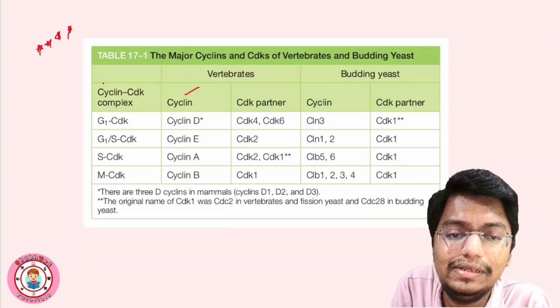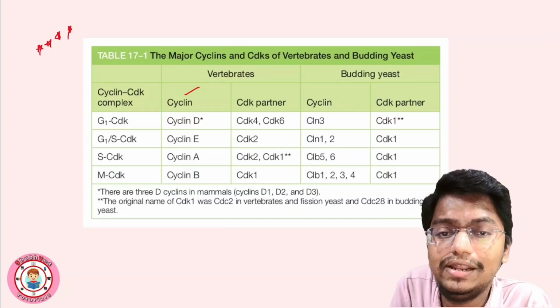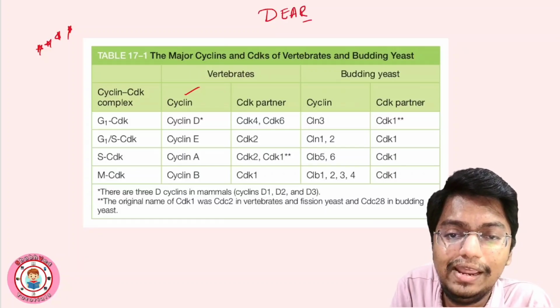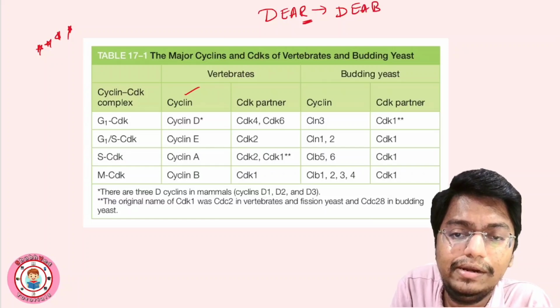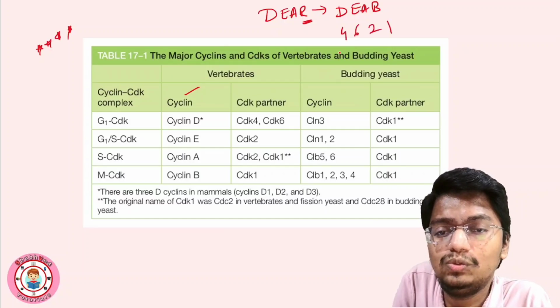Cyclins. So these are the 4 cyclins. How you can remember this? I will tell you. Remember the word deer. Okay, deer. R को replace करना है with B, right? So these are the cyclins. 4 types of cyclins हैं, and CDKs are also 4 types: 4, 6, 2, 1.